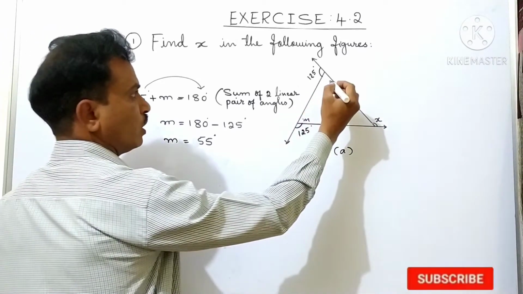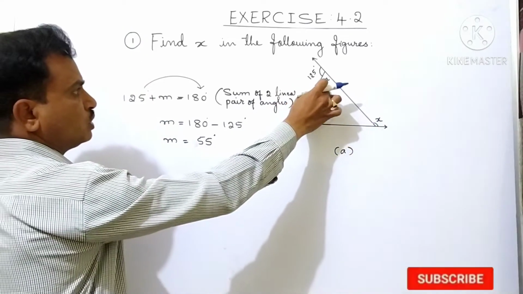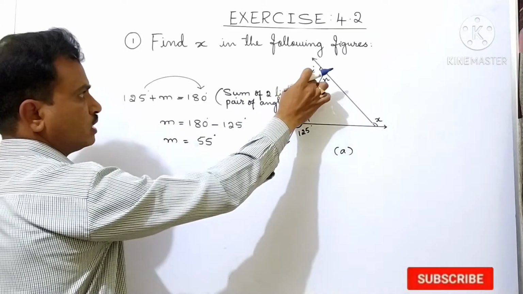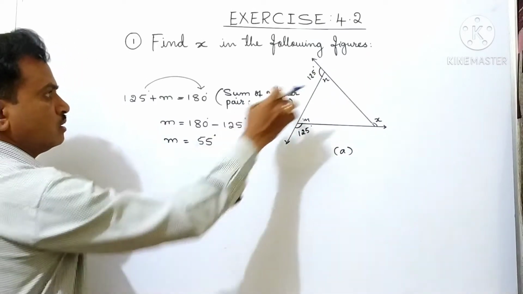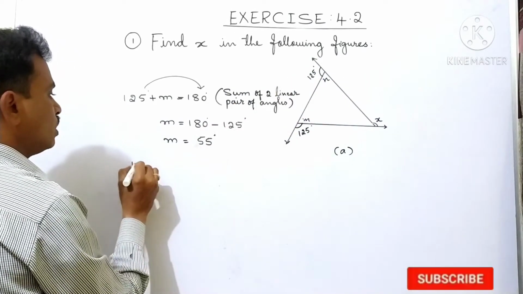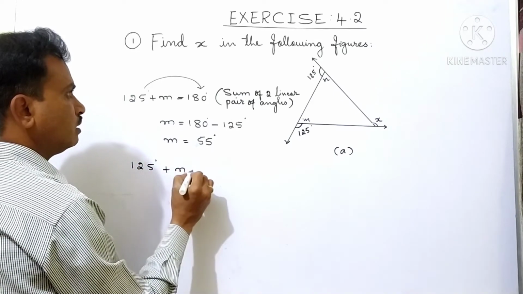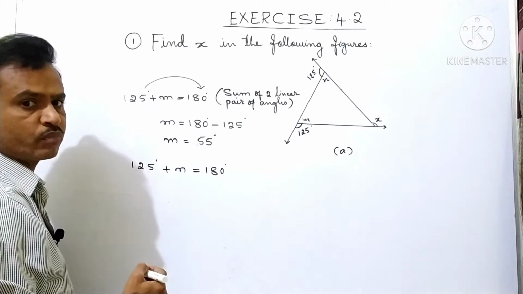Similarly, you can take here N, add these two angles. Sum of these two adjacent angles is equal to 180 degree. So here we can write it as 125 degree plus N is equal to 180 degree.